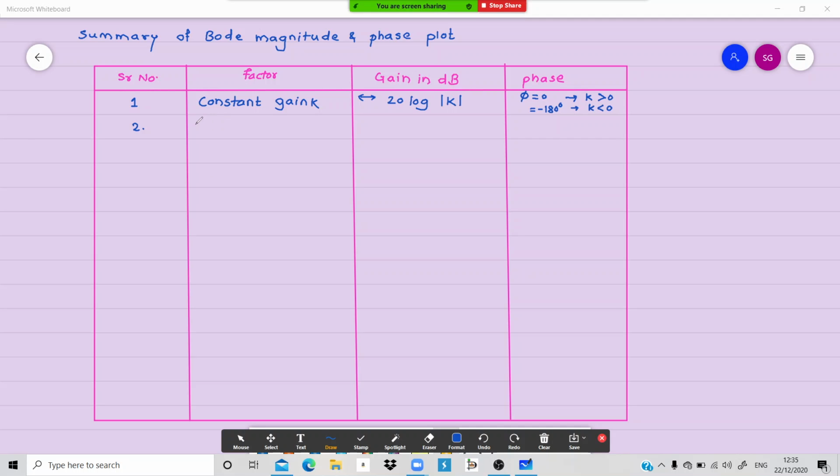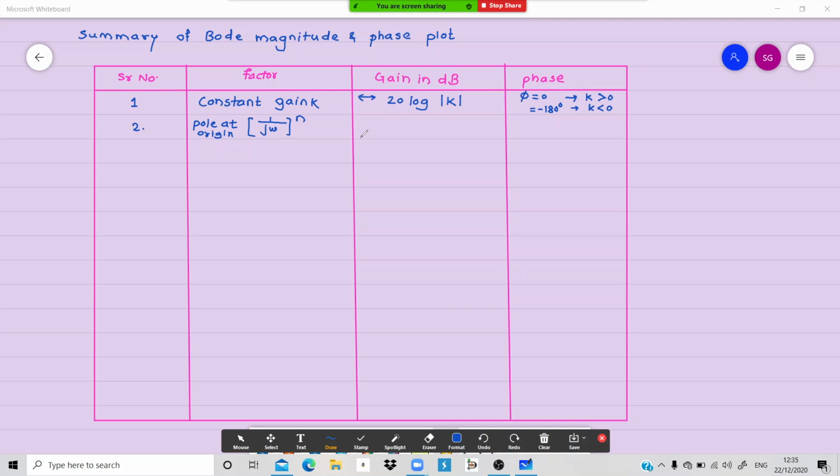Then the second factor we had seen, that is a pole at origin. So I'll write pole at origin. And what we had seen over there, pole at origin means, if you want to represent it, 1 upon j omega, correct? And might be raised to n, the number of poles you are having. So we had seen examples of 1 and 2, right?